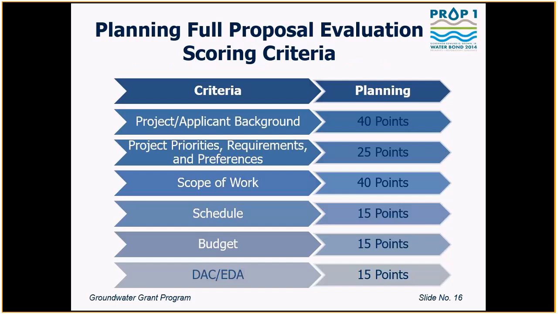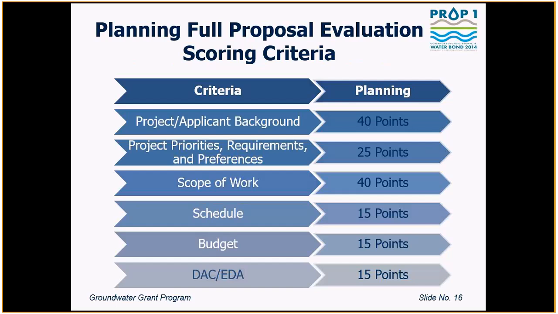So here's the scoring point value criteria for the planning proposal. Again, project applicant background is worth 40. The project priorities, requirements, and preferences are worth 25. Scope of work is worth 40, and schedule and budget are worth 15 points each.